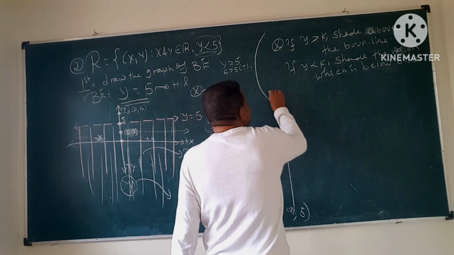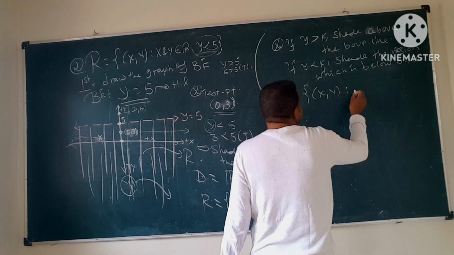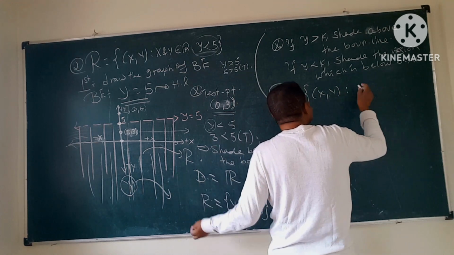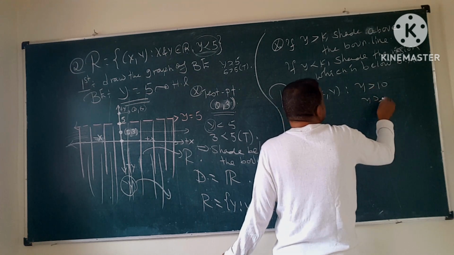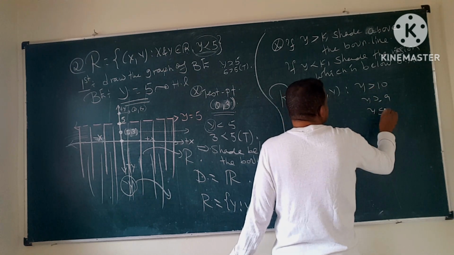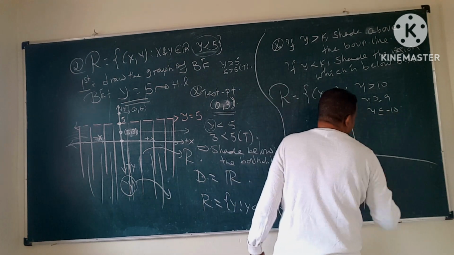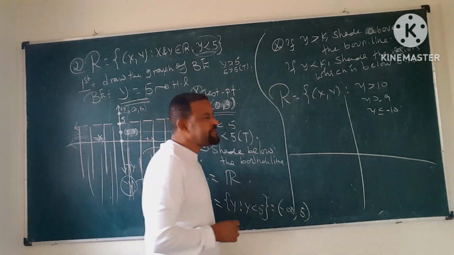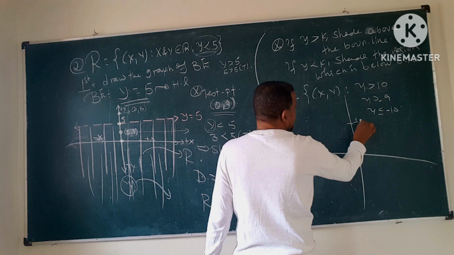For example, you are given the set of all ordered pairs of x, y such that x and y come from the real numbers. For example, y is greater than 10, y is greater than or equal to 9, y is less than or equal to negative 10.